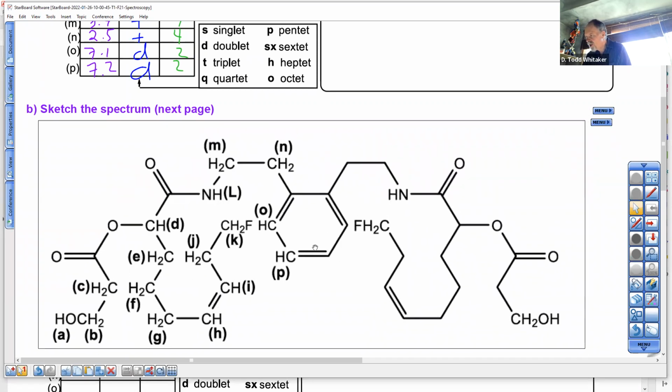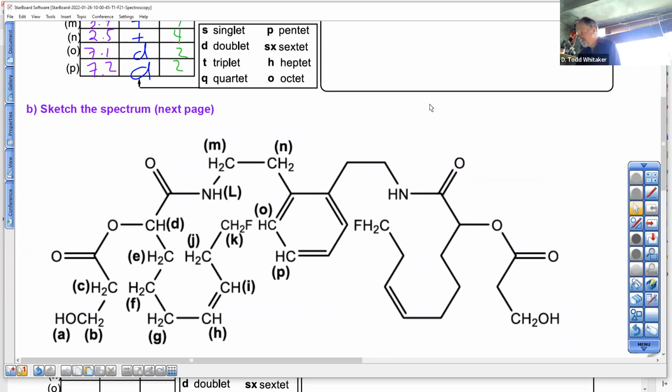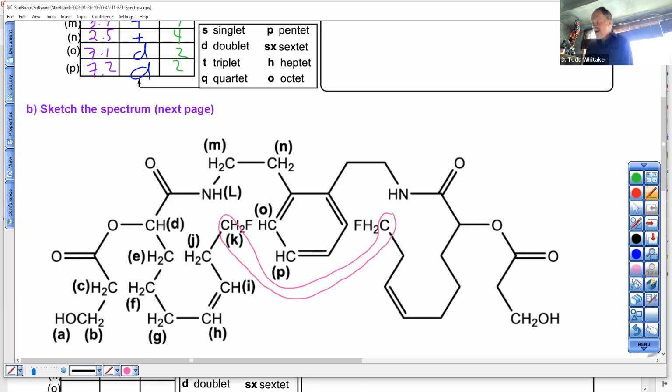I'm going to circle types of carbon. I'll start here. It's gonna look pretty like a bad artist when we're done. I hope you agree this carbon is identical to this carbon. So that's one type of carbon. Another type of carbon.